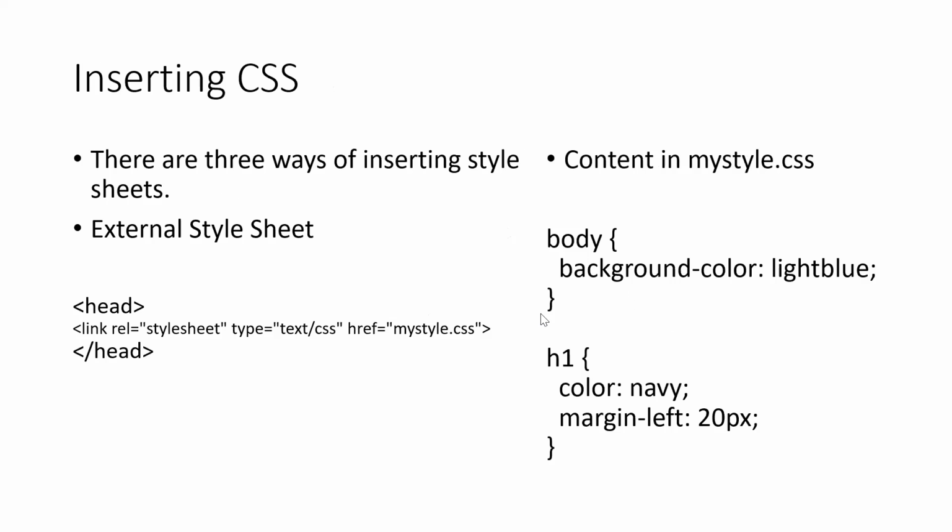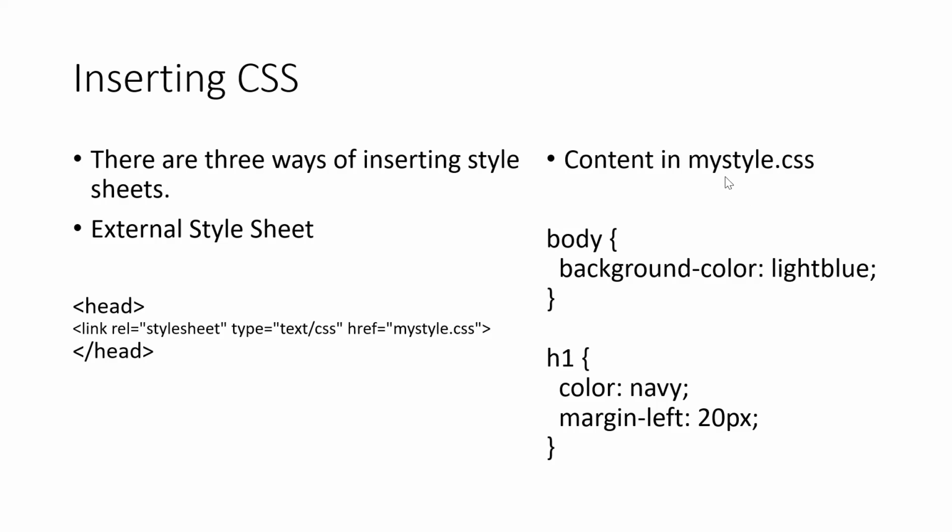The next important thing: I have seen some of you actually use it as entire. So there are three ways that you can create or engage CSS style sheets, right? First one, you can make it an external style sheet. External style sheet means you create a separate file.